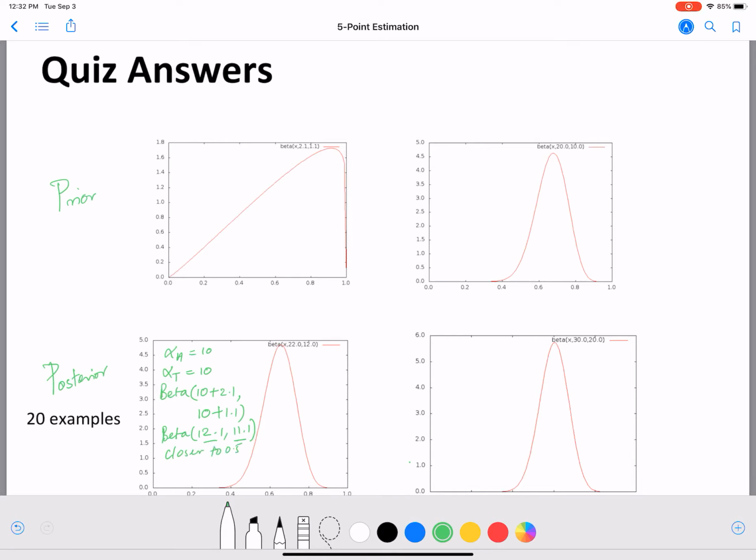So now in this setting, let's evaluate this by the same metrics that we had before. Is this going to be narrower? Yes, because the values are higher. Is this posterior going to be ruled by the prior or the data value? The prior value is 2.1 and the likelihood value is 10.